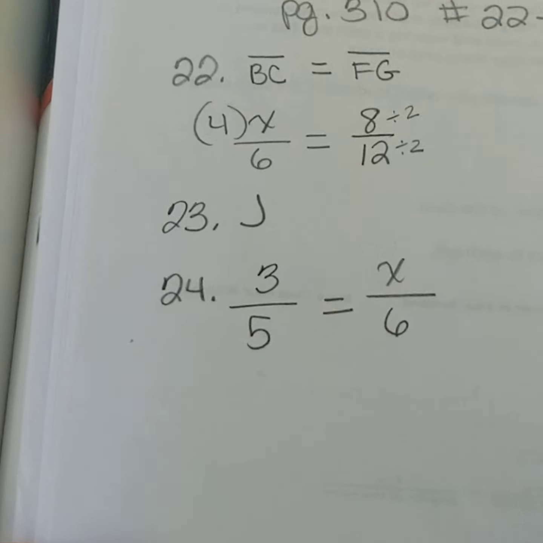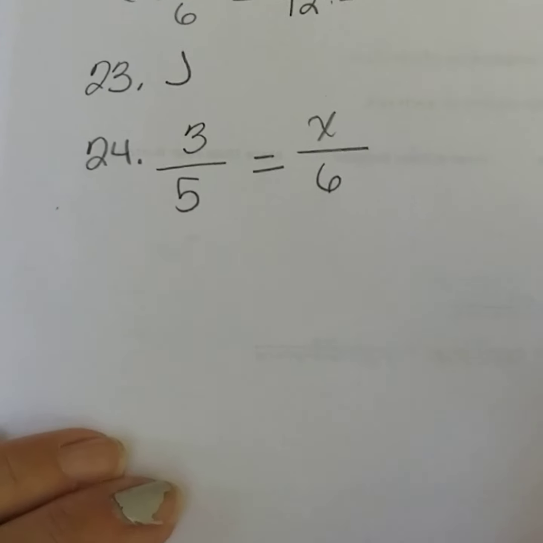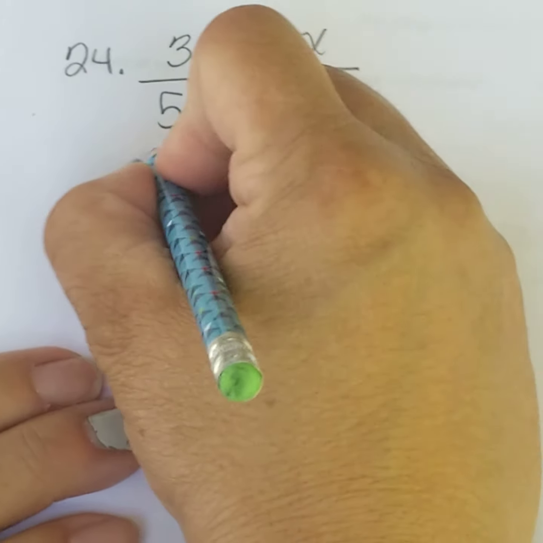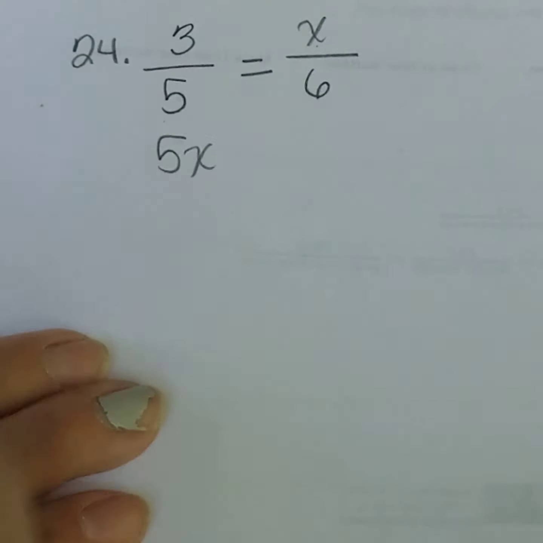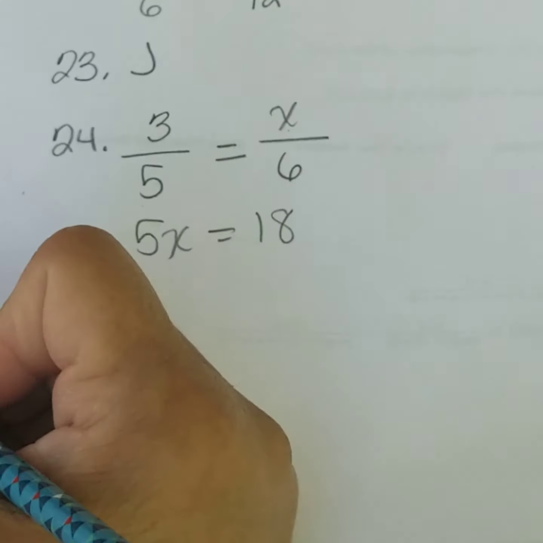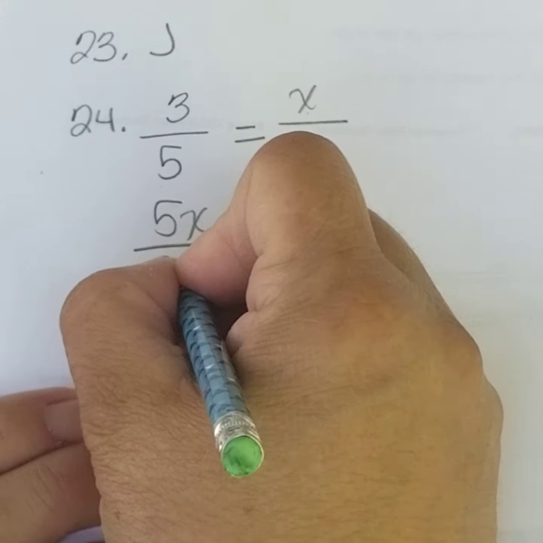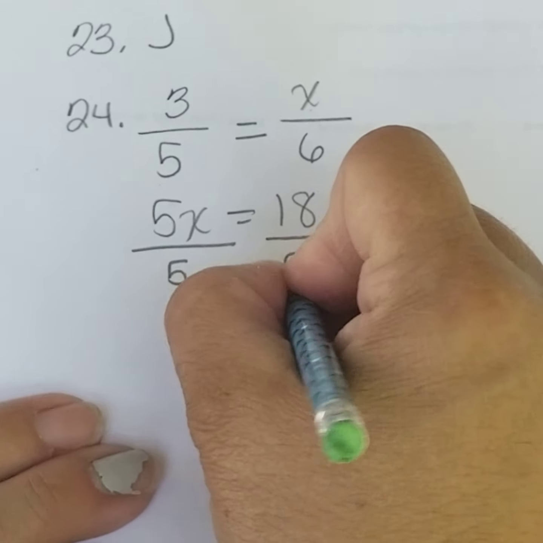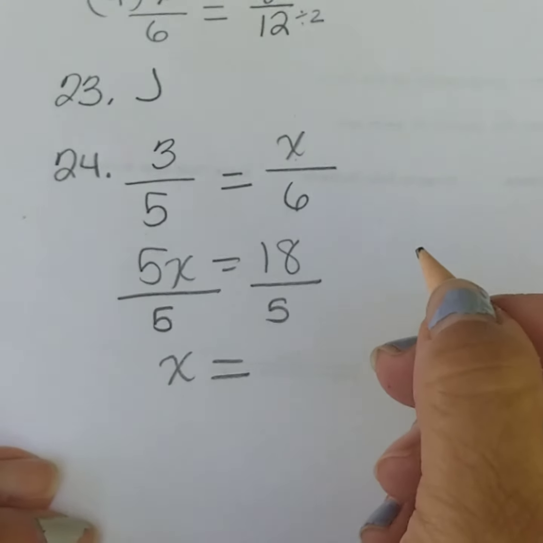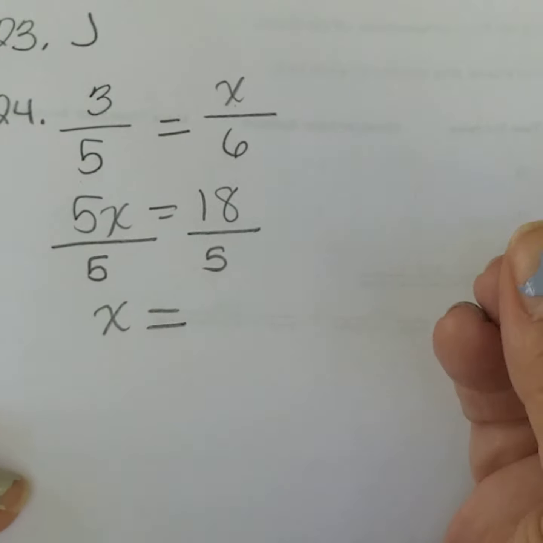So let's cross multiply. 5 times X is 5X equals 3 times 6, which is 18. We're going to divide by 5 here, divide by 5 here. That's going to give us X equals, and I've lost my calculator.